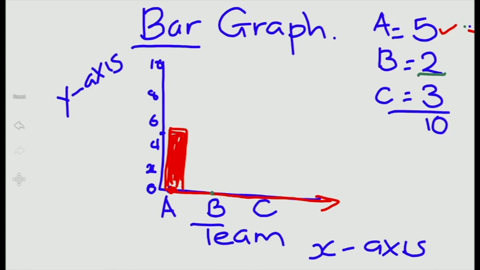Locate that and then draw a bar that is going to go up until we get to 2. It needs to be in line with the 2 up there. So you can shade it. That tells us that pupils who are in favor of Team B, there are only 2 out of the whole class of 10 pupils.